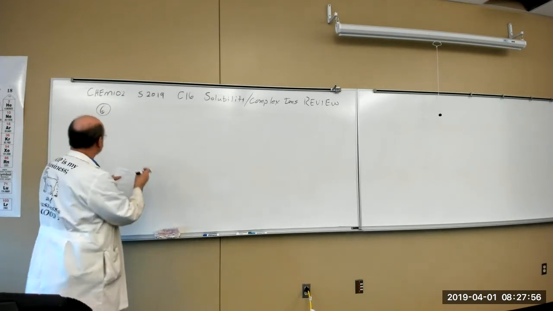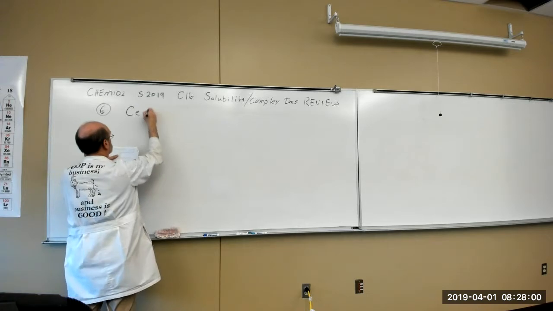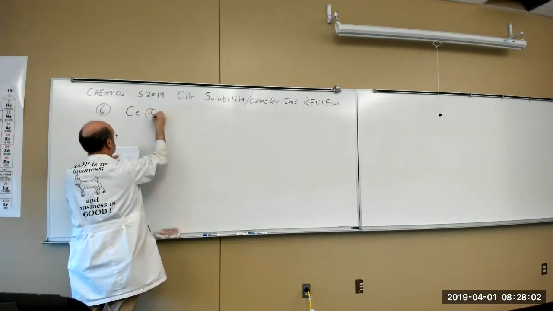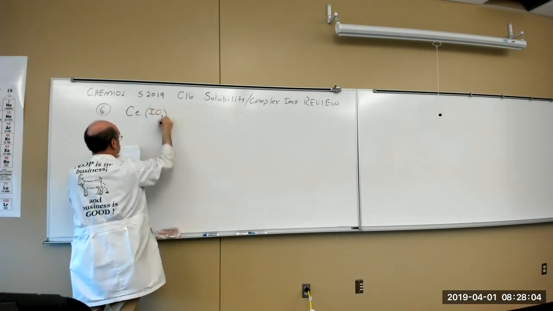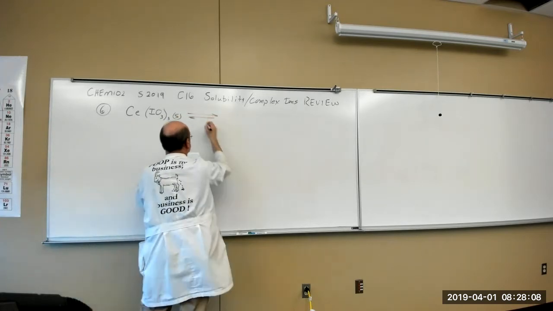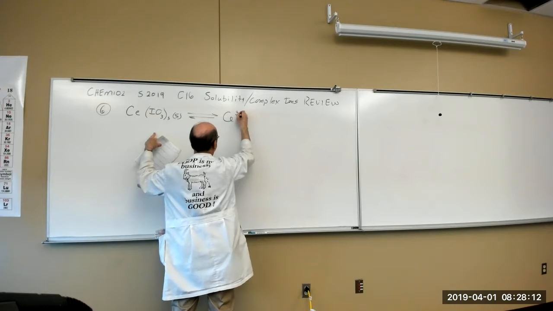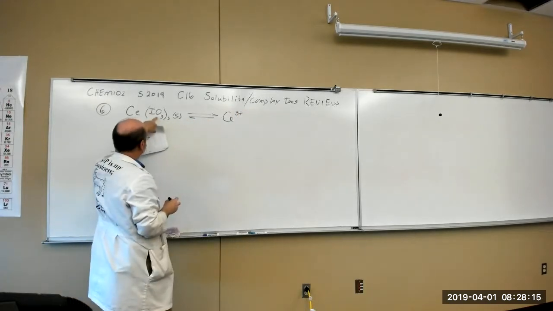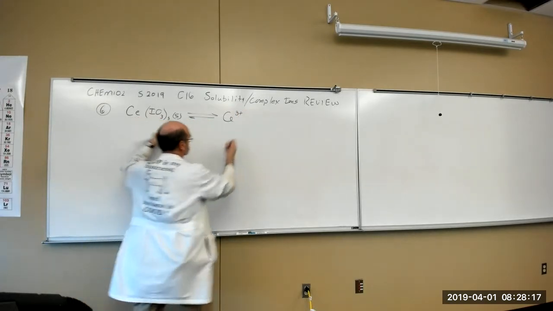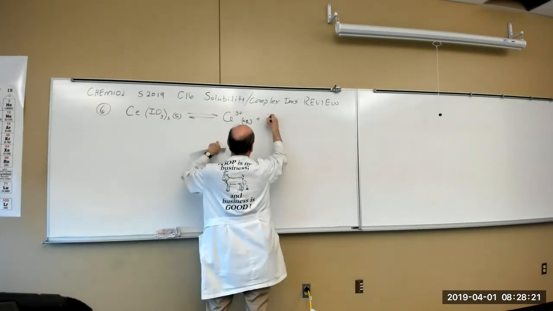Calculate the KSP. Okay, so we're going to have this compound in equilibrium with cerium. Since iodate is -1, this one has to be 3+. And then 3 of these.